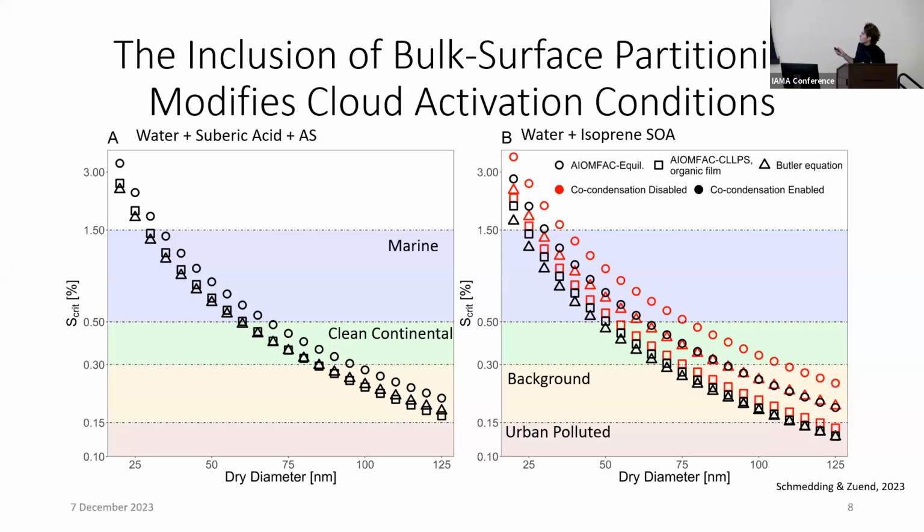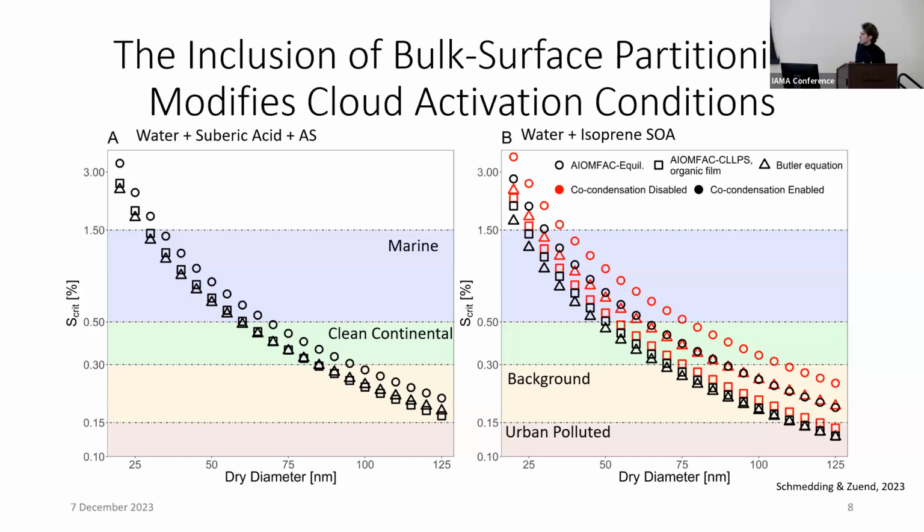So the triangles are the Butler equation, which was the approach I just described. The squares are the organic film approach, where we partition all of the organics to the surface. So it's not necessarily thermodynamically rigorous. It's not a true equilibrium model, but it's a kind of maximum surface tension depression.